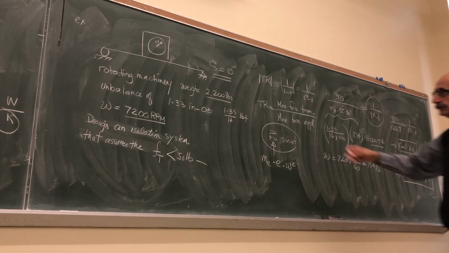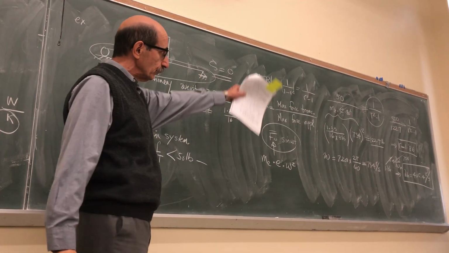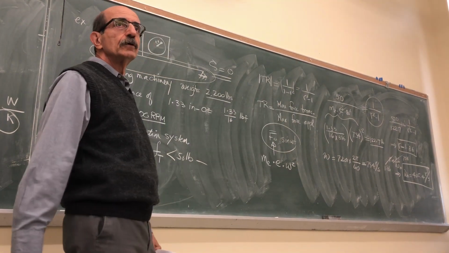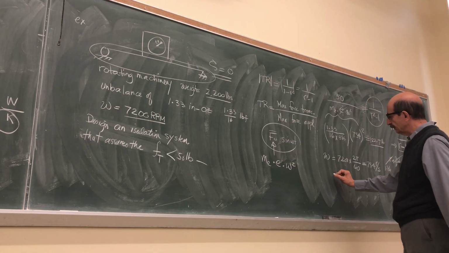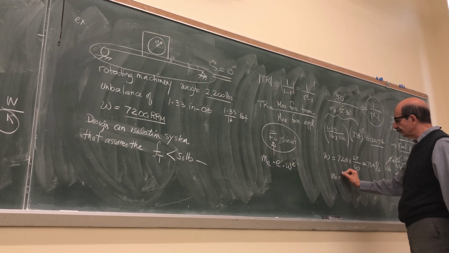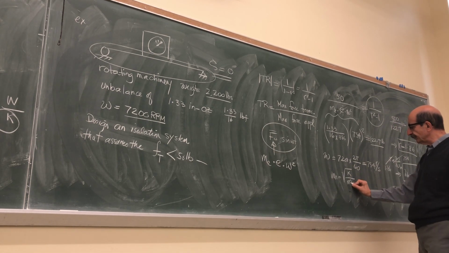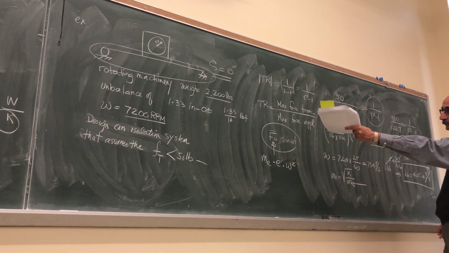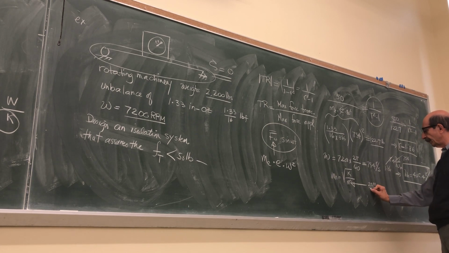So in order to have the force transmitted to the system be less than 50, your support system should have a natural frequency less than or equal to 405.4. But 405.4 natural frequency is square root of K over M. The mass of the system is given: 2,200 divided by 386.